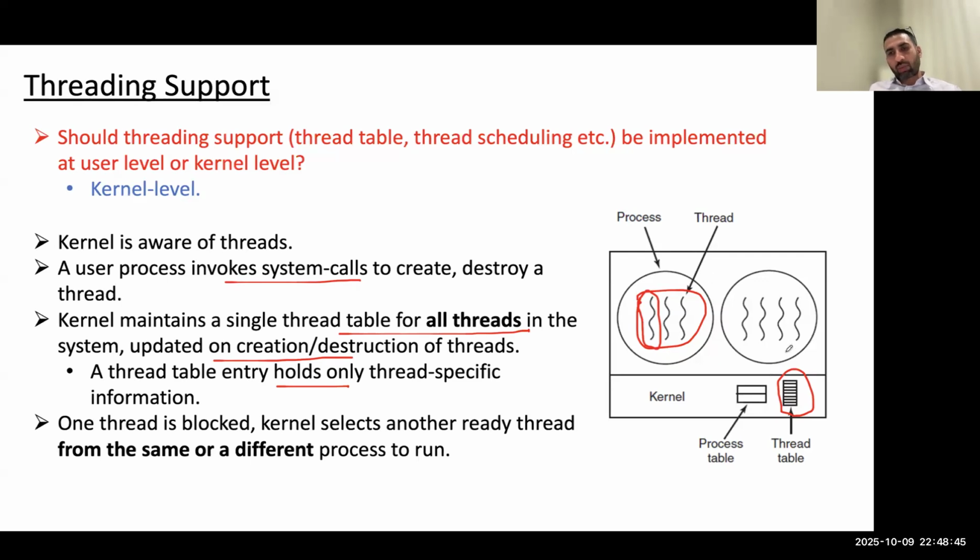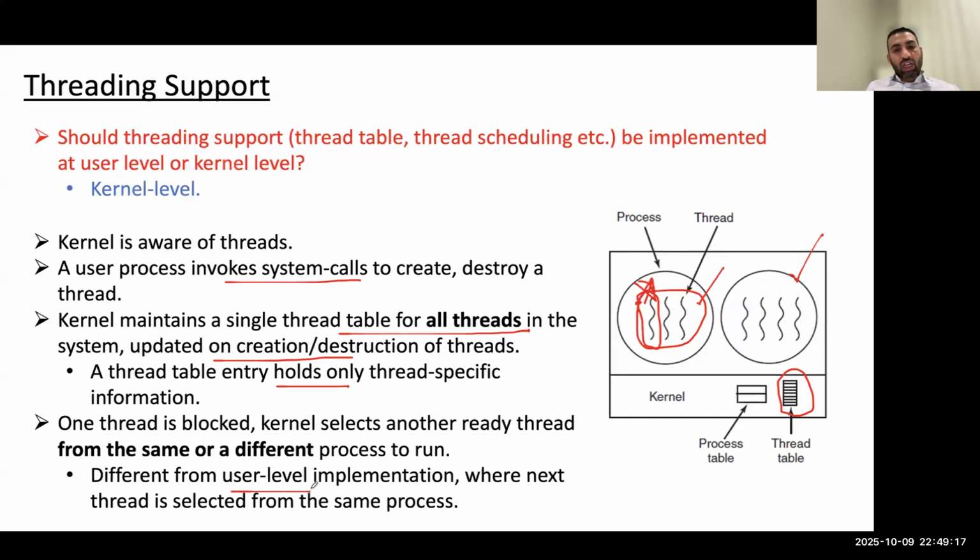Now, if this particular thread is blocked, the kernel will look at the other 5 entries and see which of them are ready to run. It can pick one of those ready threads, from the same process or from a different process, and allow that newly picked thread to run on the core on which the blocked thread was running.